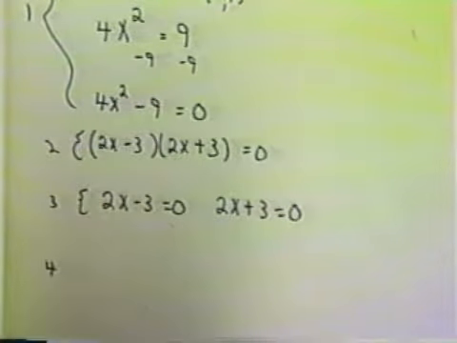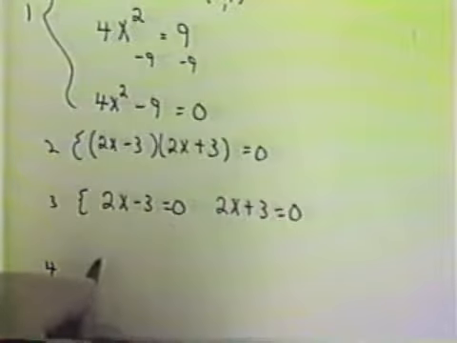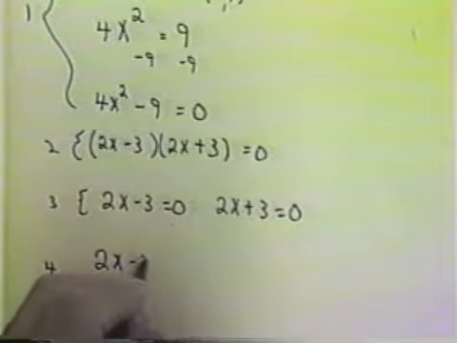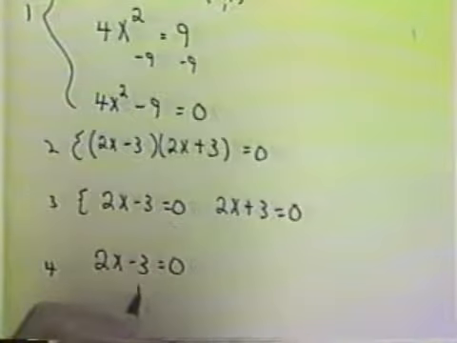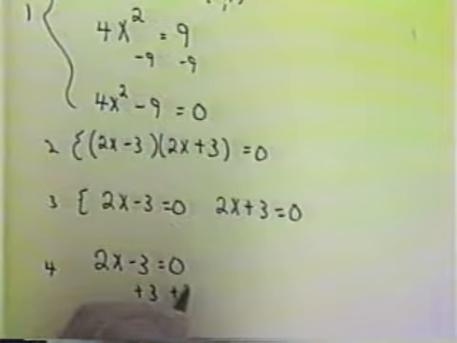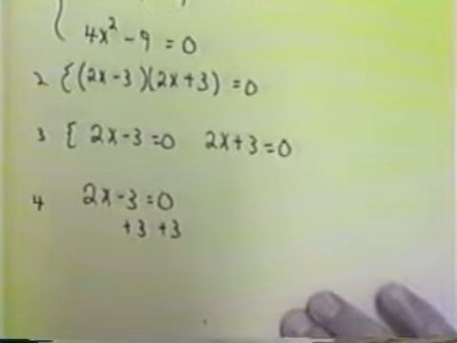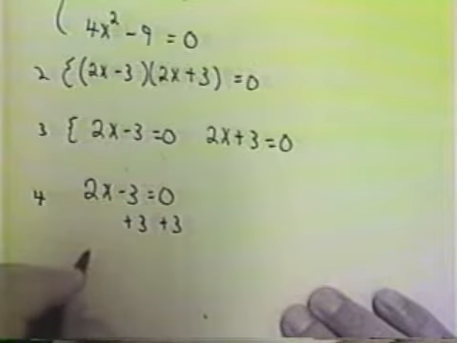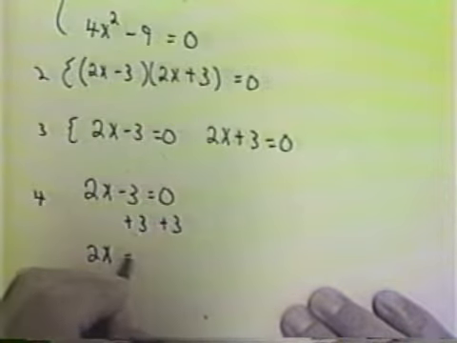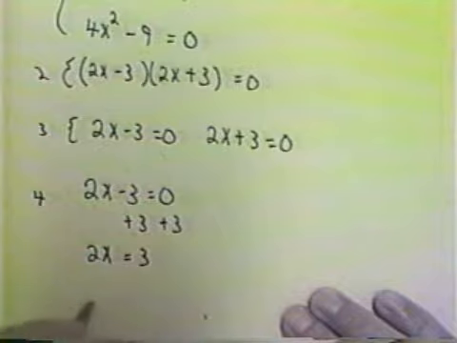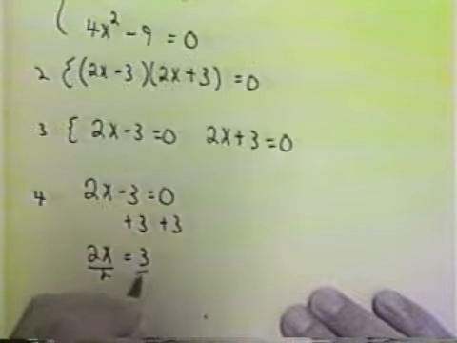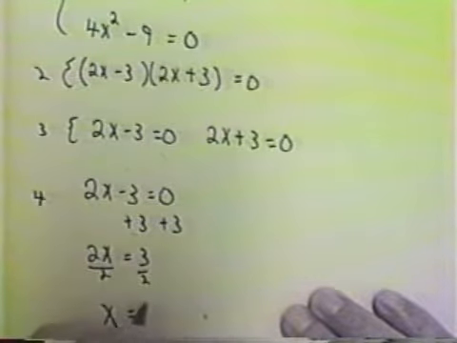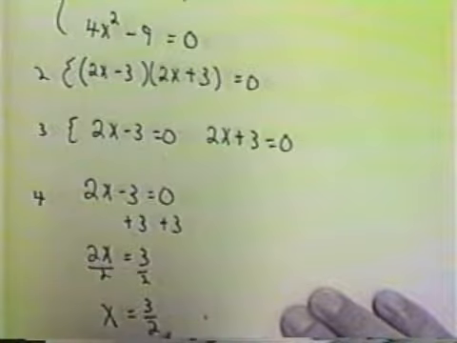Step 4 is when I solve the equation. Well, to solve 2x minus 3 is equal to 0, I first of all add 3 to both sides. That gives me 2x is equal to 3. Now divide by 2. And I get x is 3/2.